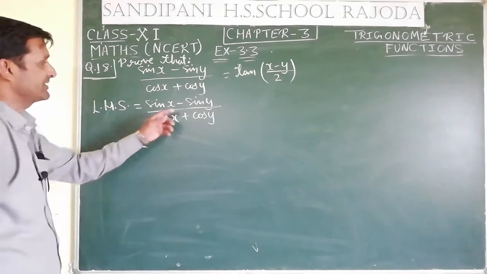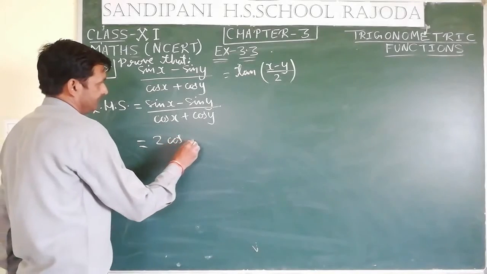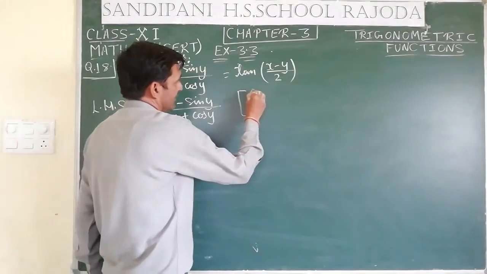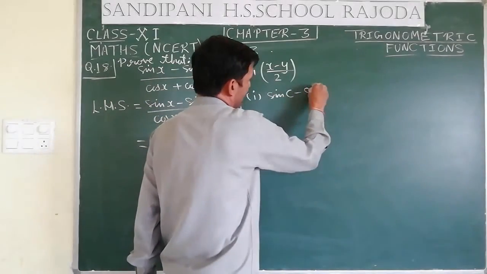So sin c minus sin d is equal to 2 cos, see here in first case sin c minus sin d will be applicable.